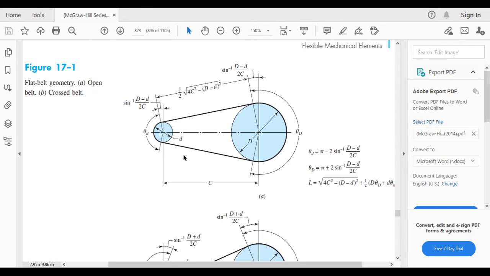These are the terms used here. This is the small diameter for the smaller wheel, and this is the large diameter for the larger wheel. You can imagine your bicycle gear or motorcycle gear. Obviously one is bigger than the other. The bigger one is the capital D and the smaller one is the small d. They represent the diameters.